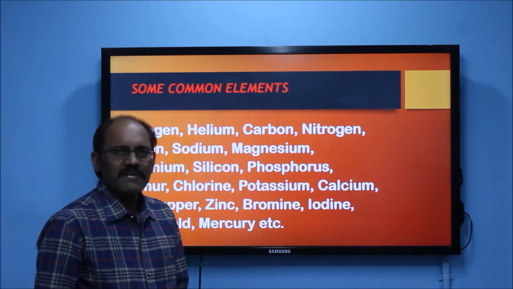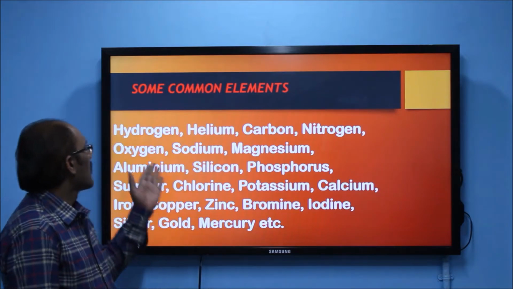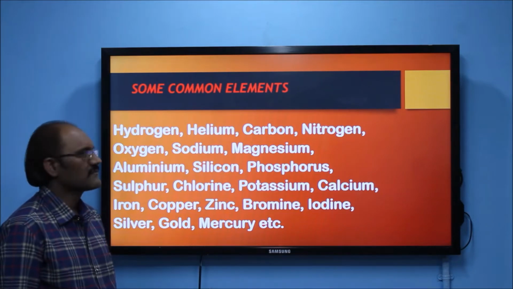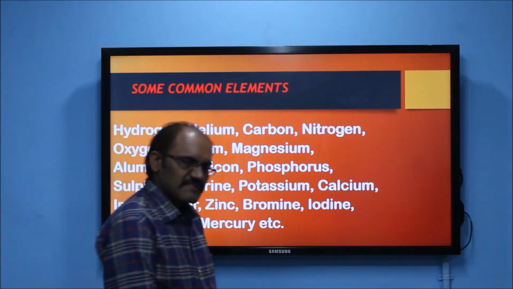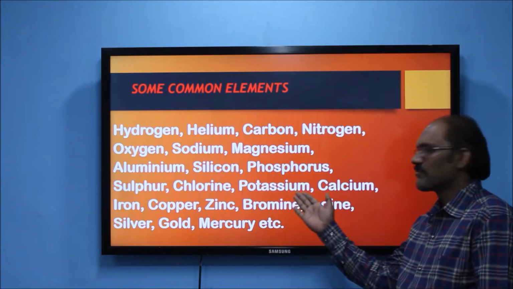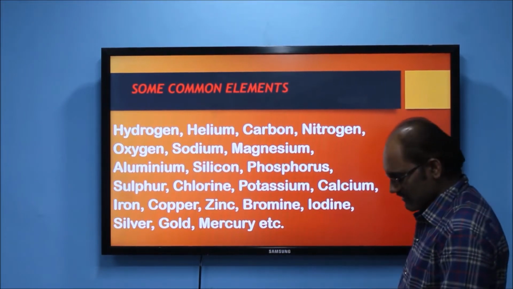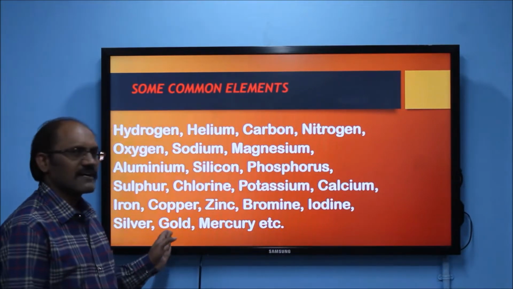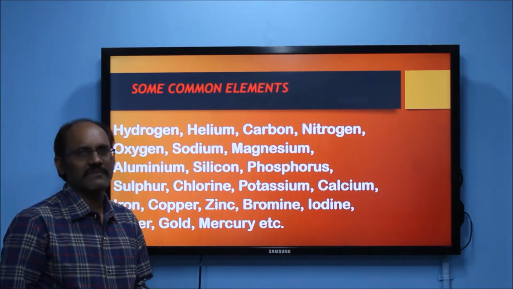Some of the common elements that we come across in our daily life are hydrogen, helium, carbon, nitrogen, oxygen, sodium, magnesium, aluminium, silicon, phosphorus, sulfur, chlorine, potassium, calcium, iron, copper, zinc, bromine, iodine, silver, gold, mercury, etc. So these are some of the elements.